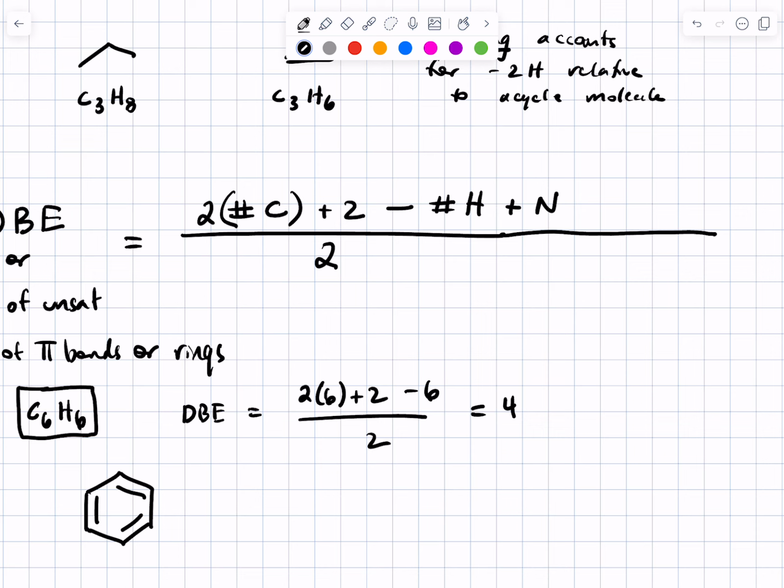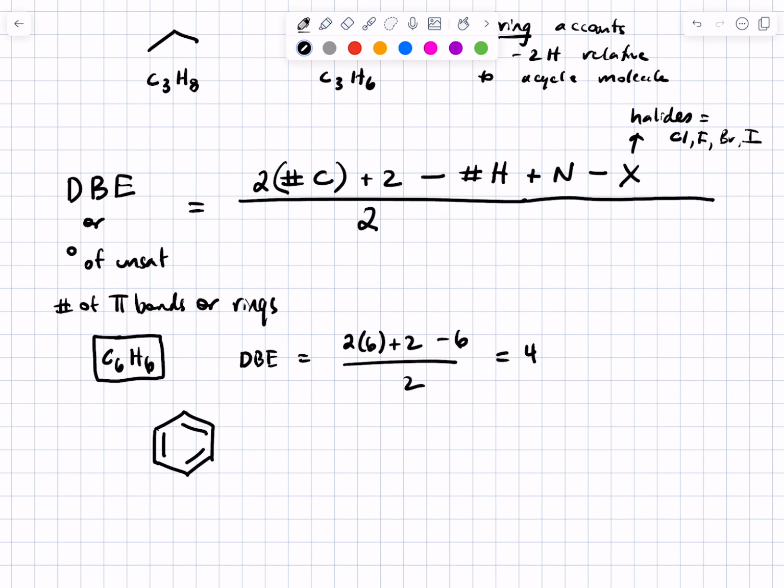You ignore the number of oxygens, and you subtract the number of halides, where a halide is a chloro, a fluoro, a bromo, an iodo. Some of this, we can talk about why that is if you're interested. Otherwise, you might just want to memorize it.